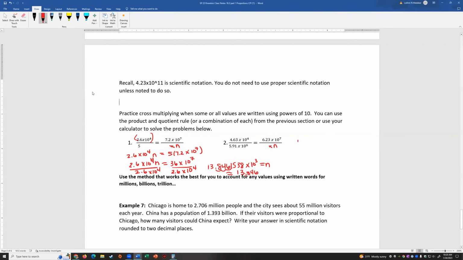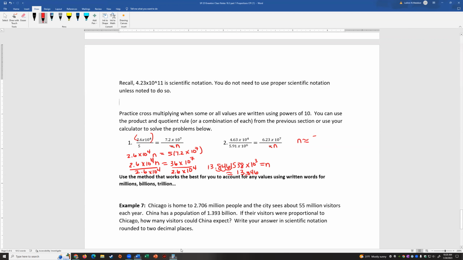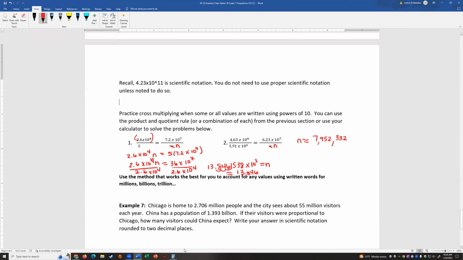If I was rounding to the nearest whole on this one, it's going to be a little bit bigger. It's 7,952,332,613, because the decimal point's right here and the 3 will not bump that up. That would be ones, thousands, millions, billions. So 7.95 billion. This is pretty big.